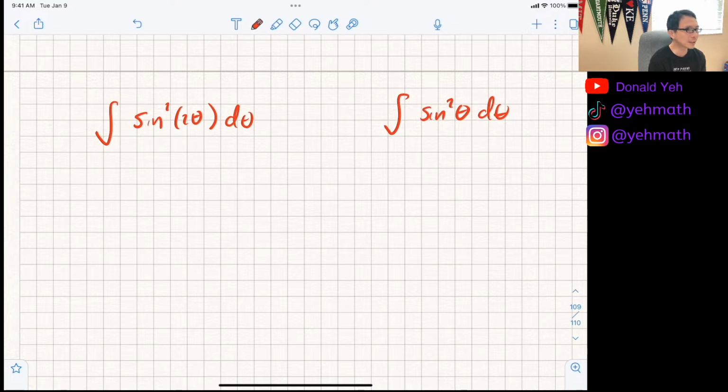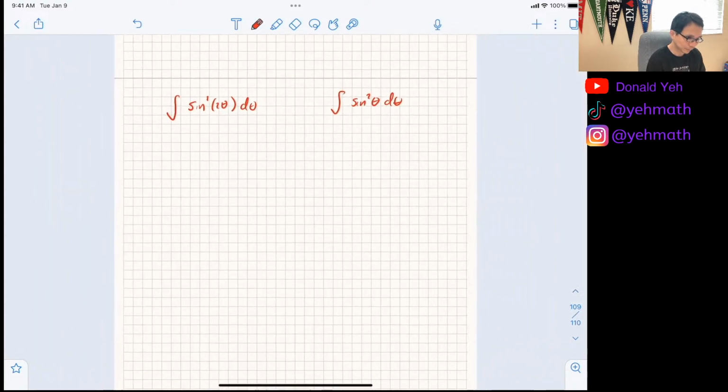It's very close. What is that called? It's very close to the double angle identity. It's called the power reducing identity. It reduces the power from squared to not squared.